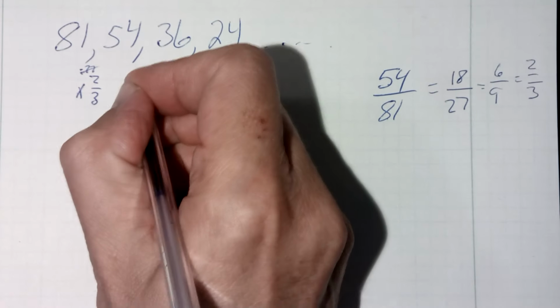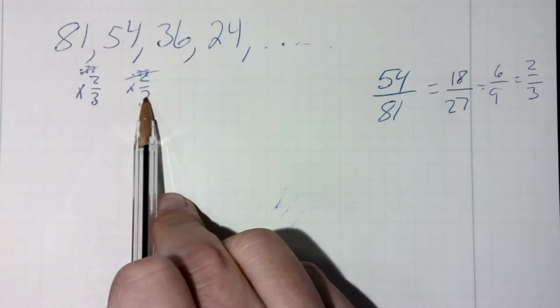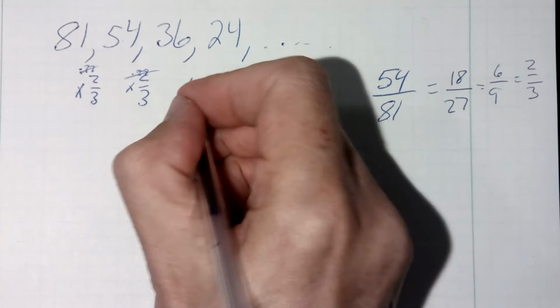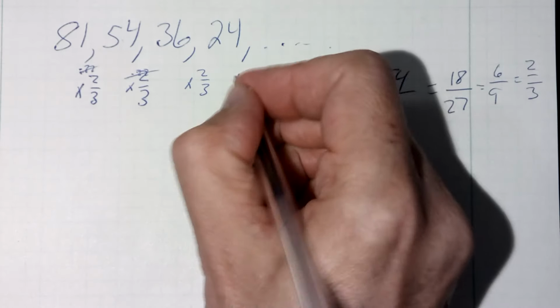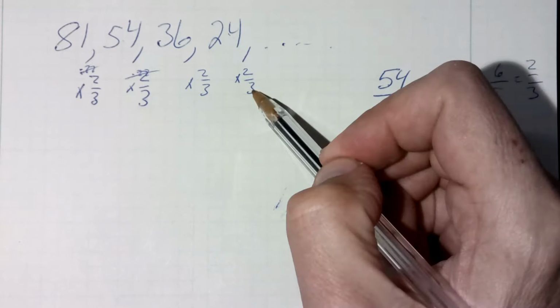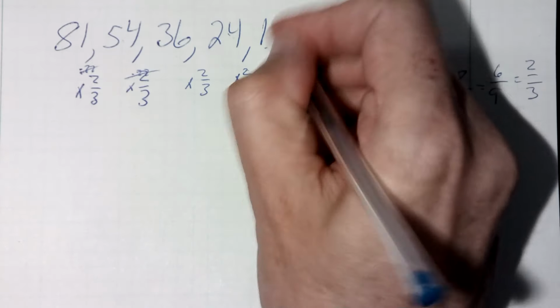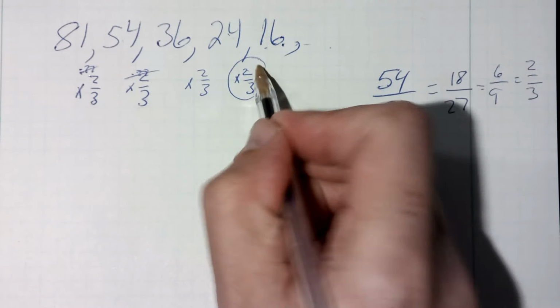And if you don't believe me, take the time to multiply 54 by 2/3. You'd get 36. Multiply 36 by 2/3. You'd get 24. So the next one, if I multiplied by 2/3, well, 24 divided by 3 is 8. 8 times 2 is, the next one, 16. The next one would actually end up being a fraction. But remember, all we needed to do was find that common ratio.